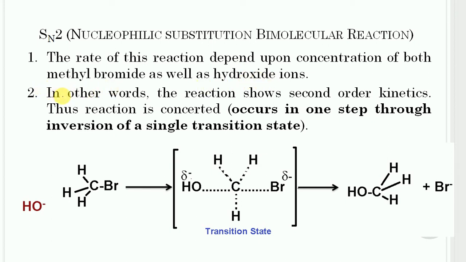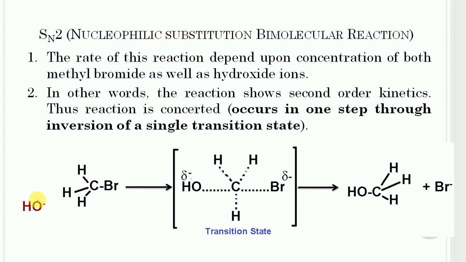And second one, the reaction shows the second order kinetics, which means the reaction will occur through the concerted step, which means it can occur in one step through the inversion of a single transition state. For this reaction to occur, it is essential that the molecule of methyl bromide must collide with hydroxide ions.